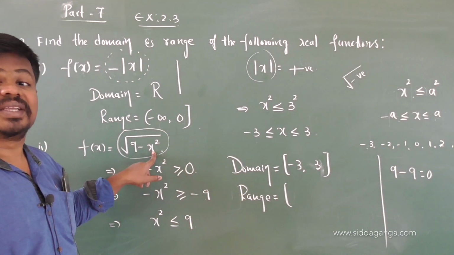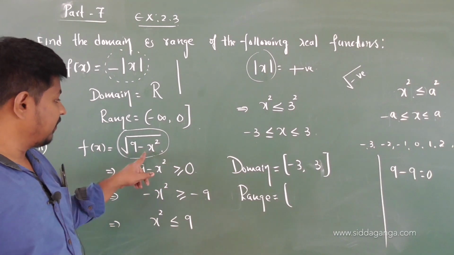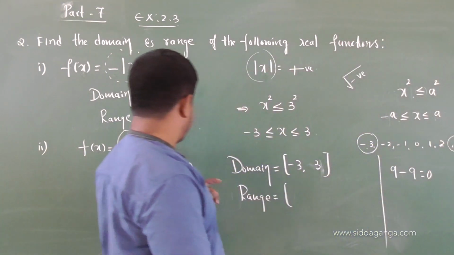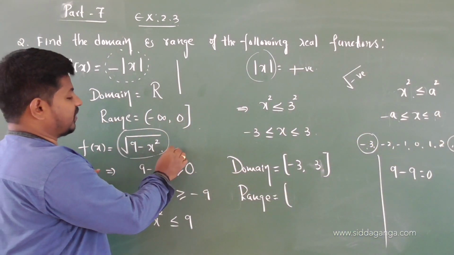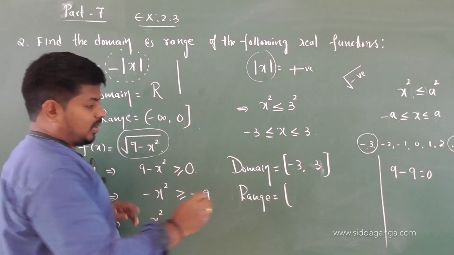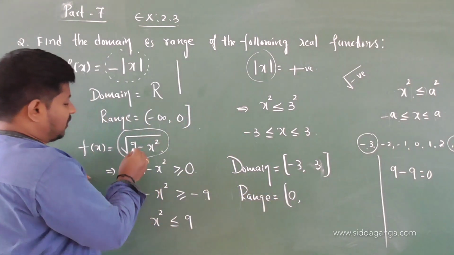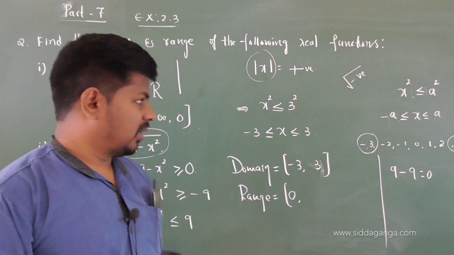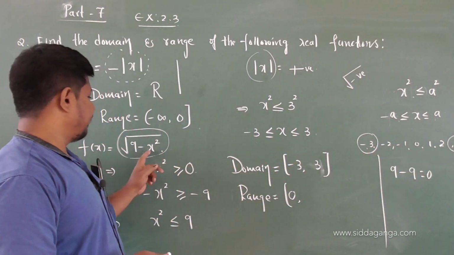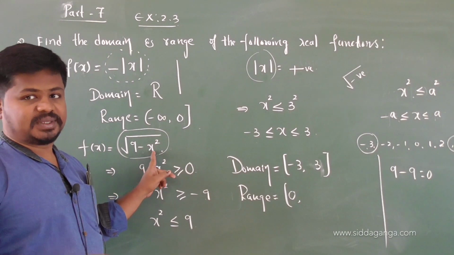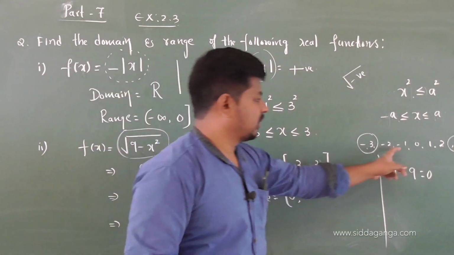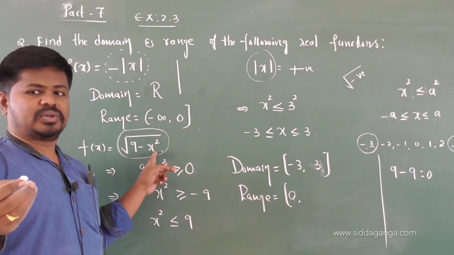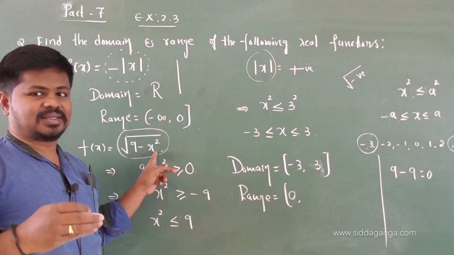Root of 9 is 3, so the range is 0 to 3. So the first range value: when you take minus 3 or plus 3, you get 9 minus 9, root of 0. The first range value is 0. For all other values you get a root. That is, taking minus 2 or plus 2, 9 minus 4, root 5, you get 2 point something. Next, plus 1 or minus 1, 9 minus 1 is 8, root of 8 is nearly equal to 3, okay, not less than 3.